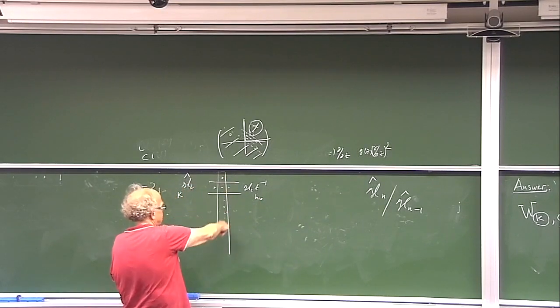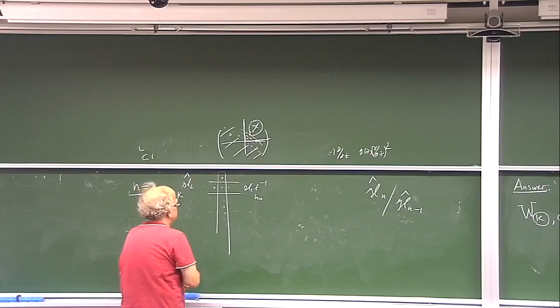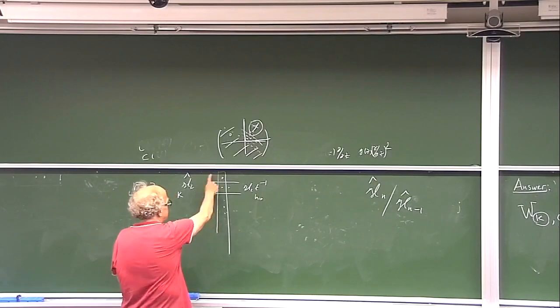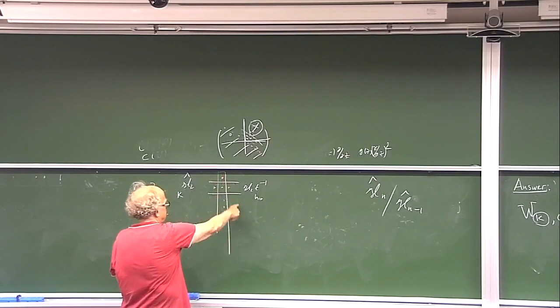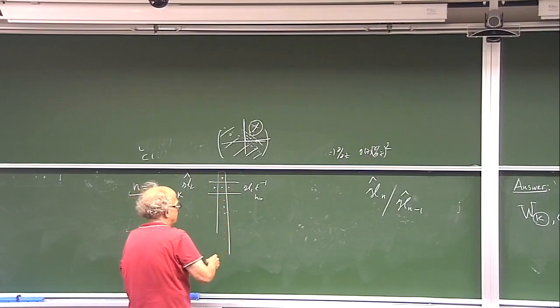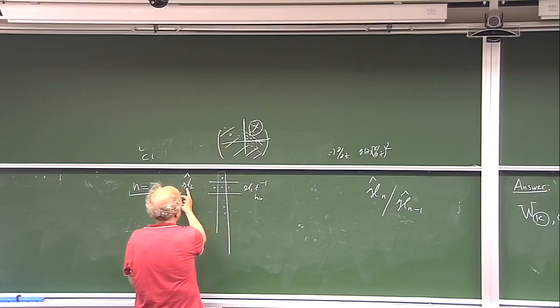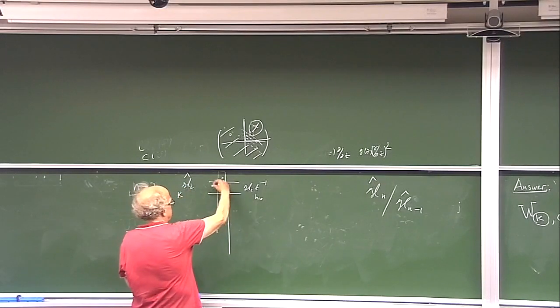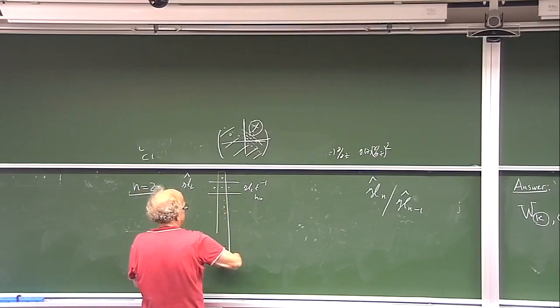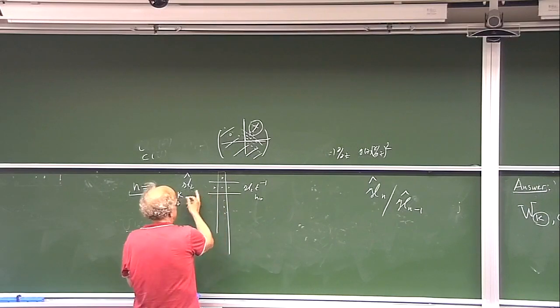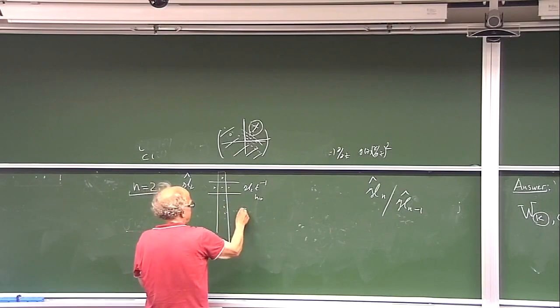So the character of all this space is, first of all, the character of SL2 hat, and it has Q grading. And this space is polynomials.